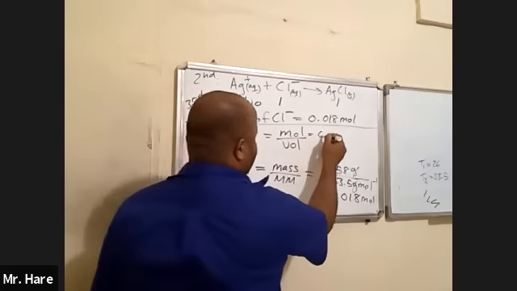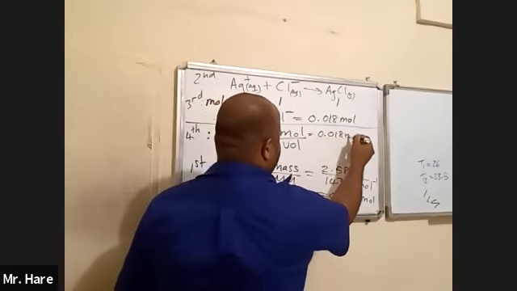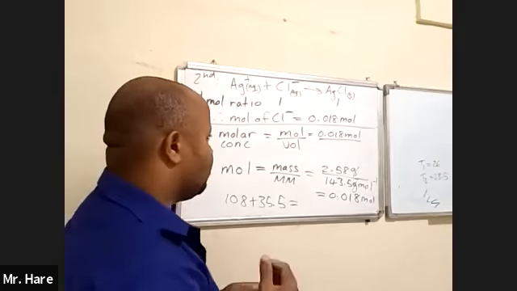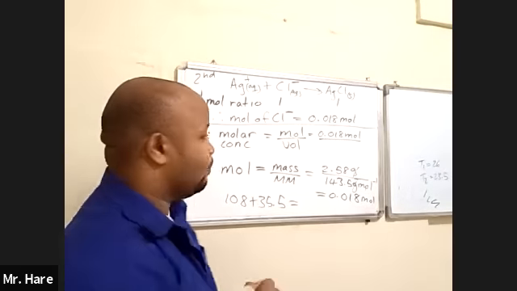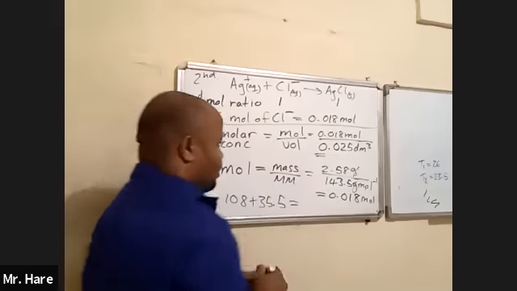And the moles is 0.018. The volume must be in dm cubed. So 25 cm cubed to dm cubed is how much? 0.025. That is correct. Right, and you go like that.